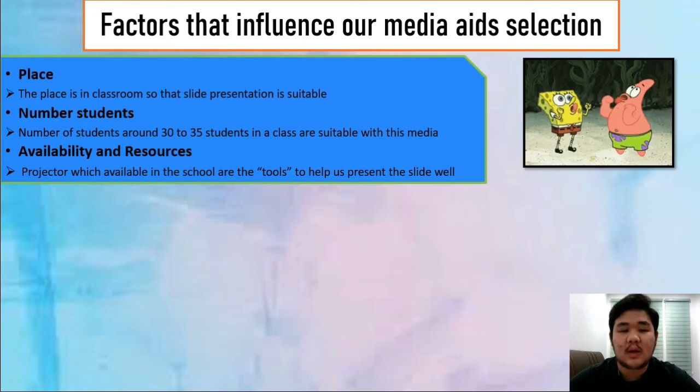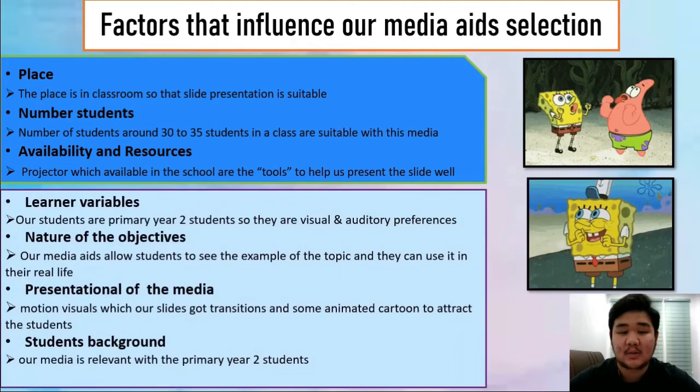The next one is the number of students, because in a primary school there are usually around 30 to 35 students in a class, and it is suitable to use this media. The next one is availability and resources, which is the projector available in the school, the tools that help us to present the slides.